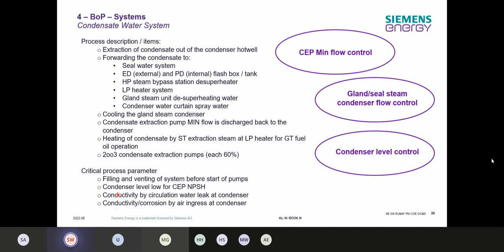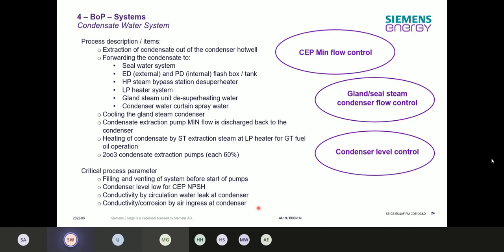And then, of course, we have conductivity, corrosion by, for example, an air ingress at the condenser. Your condenser is under vacuum. And when there's somewhere a leak, then air is getting into the condenser. Air getting into the condenser is oxygen getting into the condenser. Your oxygen values will increase, and therefore, let's say, the corrosion rate will increase.